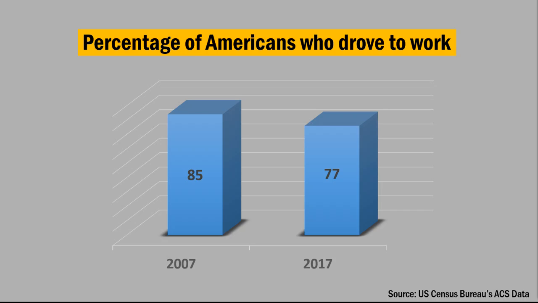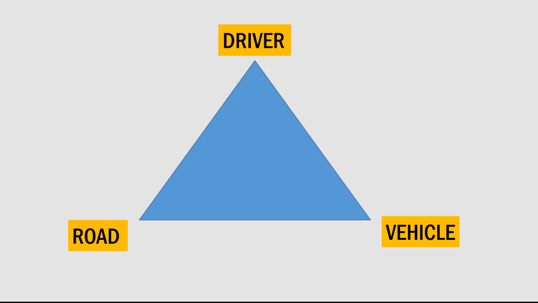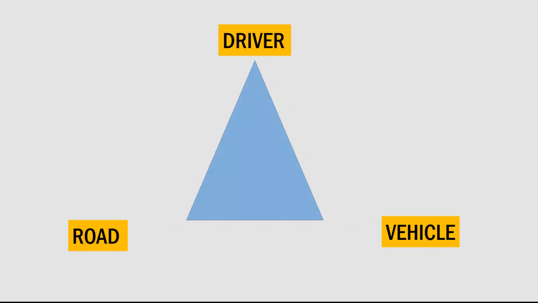With so many people on the road, the traffic management plans by the proper authorities must be solid. The traffic management process can be visualized as a triangle, as there are three primary factors considered in the process. They are the driver, the road, and the vehicle characteristics. And an accident will occur if one or a combination of these factors fail.